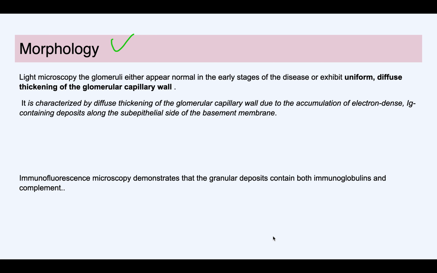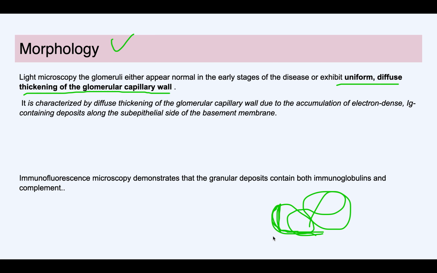Now going to the morphology. If you see the morphology, firstly the glomeruli are not hypercellular, they do not have any leukocytes in them. There is just one thing, there is uniform diffuse thickening of the glomerular capillary wall. So if you see the glomerulus, the basement membrane will be thickened.